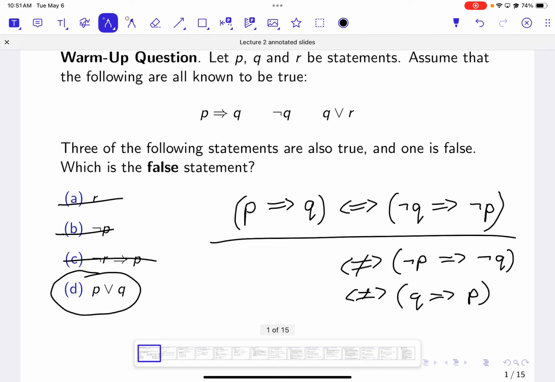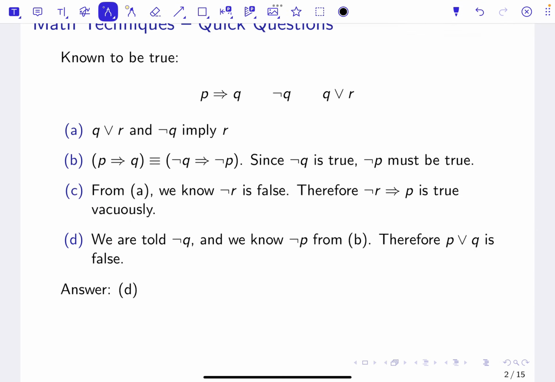So neither P nor Q are true, and thus P or Q is false. Woohoo! Answer D. Oh yeah, if anyone has any questions during these, feel free to just put your hand up, interrupt me.